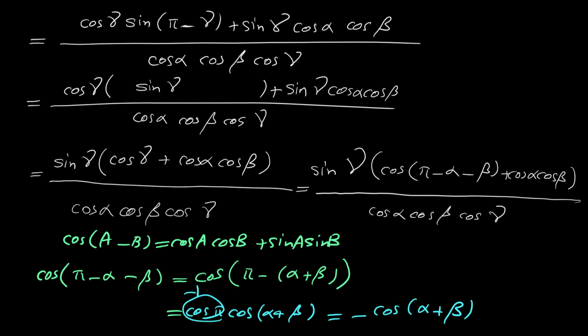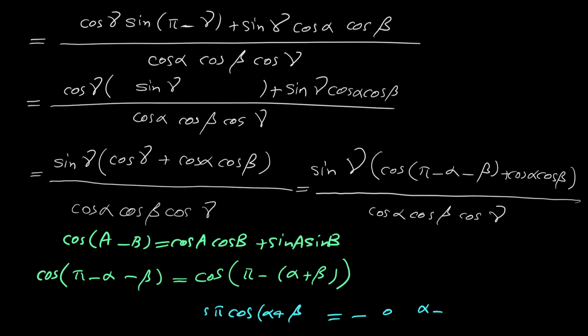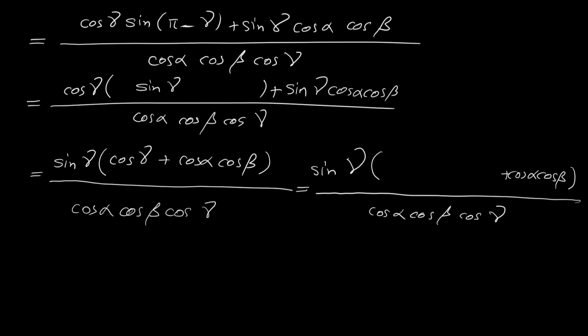So I showed you that this cosine is negative cosine of alpha plus beta. Let me substitute its simplified version here: cosine of pi minus alpha minus beta is minus cosine of alpha plus beta.